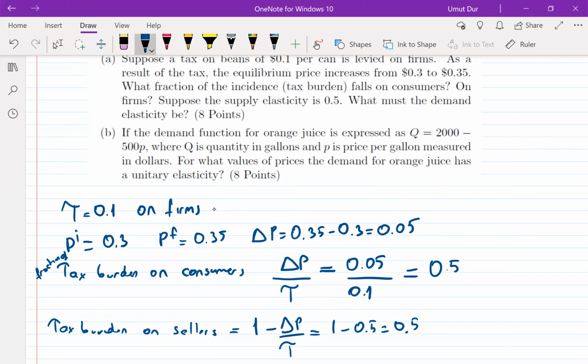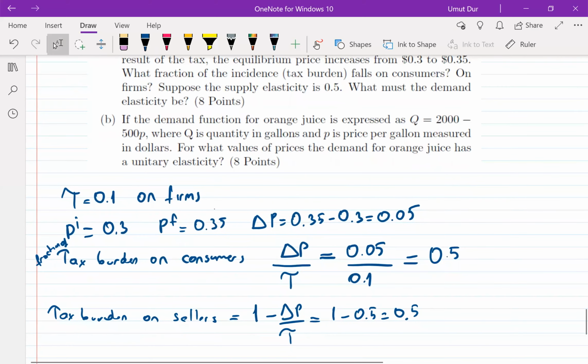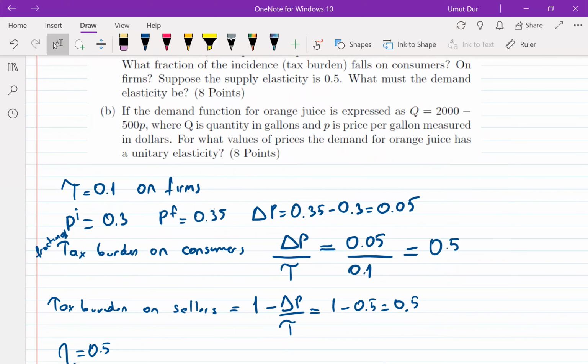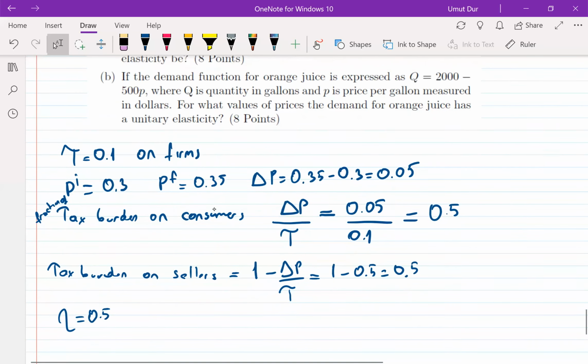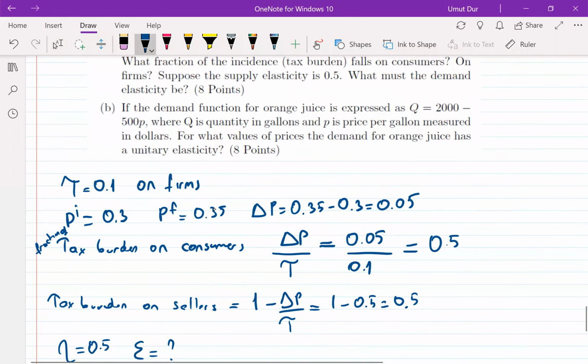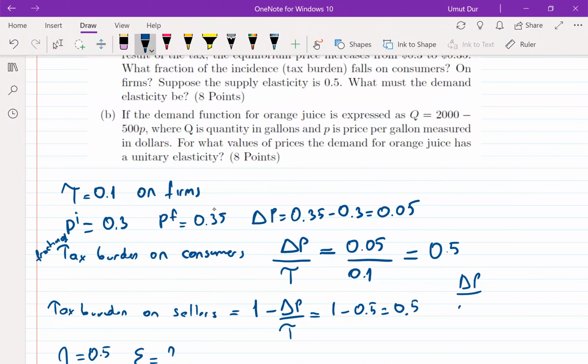Then in the second part of the question, it says suppose the supply elasticity is 0.5. So what is the supply elasticity? It is eta, which is 0.5. Then it asks what must be the demand elasticity, so it is asking for epsilon. So remember, delta P over tau is equal to eta over minus epsilon plus eta.